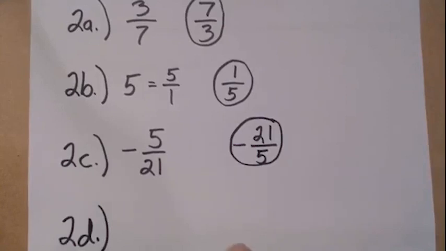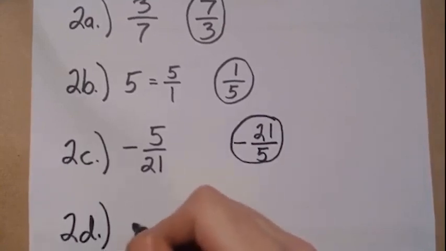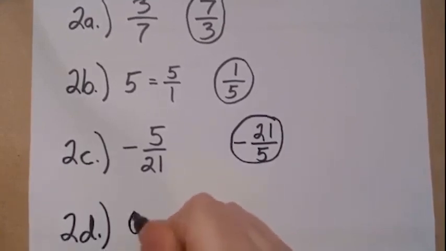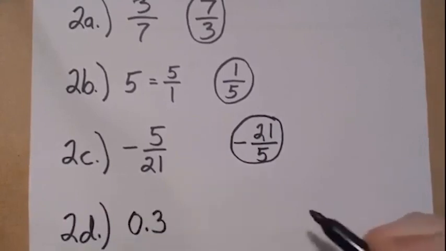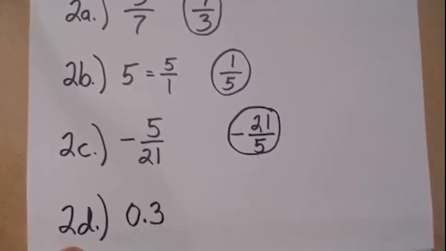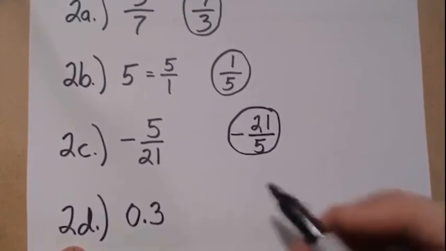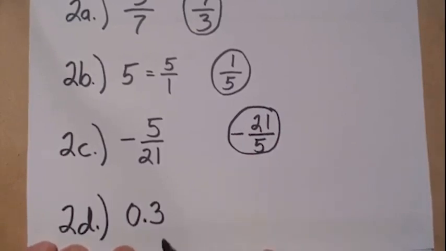Two D. 0.3. Well, you might be tempted to make this 1 over 0.3, but that's a mix of a decimal and a fraction.